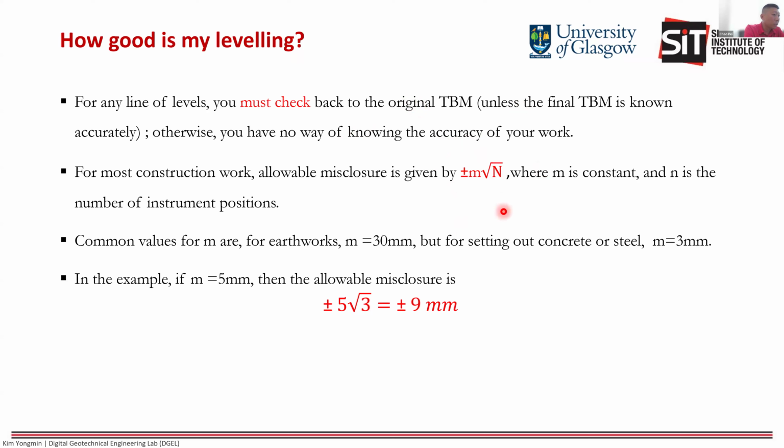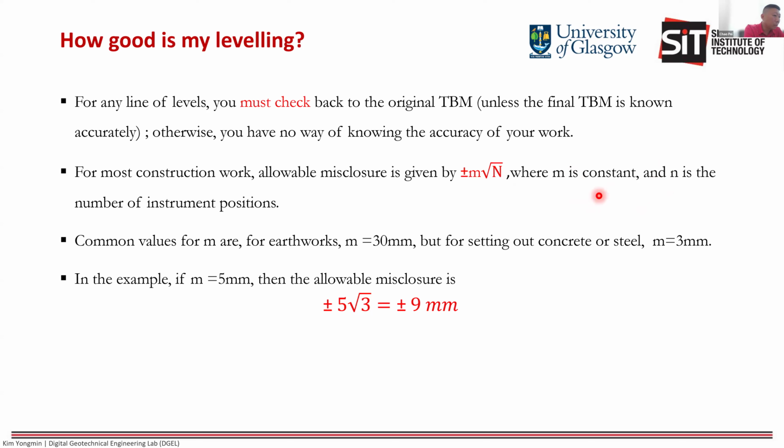For most construction work, the allowable misclosure is given by plus minus m times square root of n. M is the constant, in this case 5, and n is the number of instrument positions during your leveling survey.